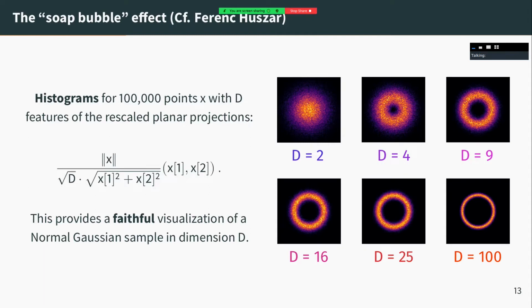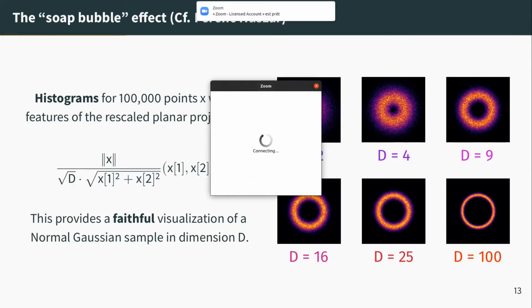And this is why the intuition that you should have about high dimensional normal distributions is that they are just uniform distributions on a ball of radius sigma, when sigma is the standard deviation of your normal distribution.